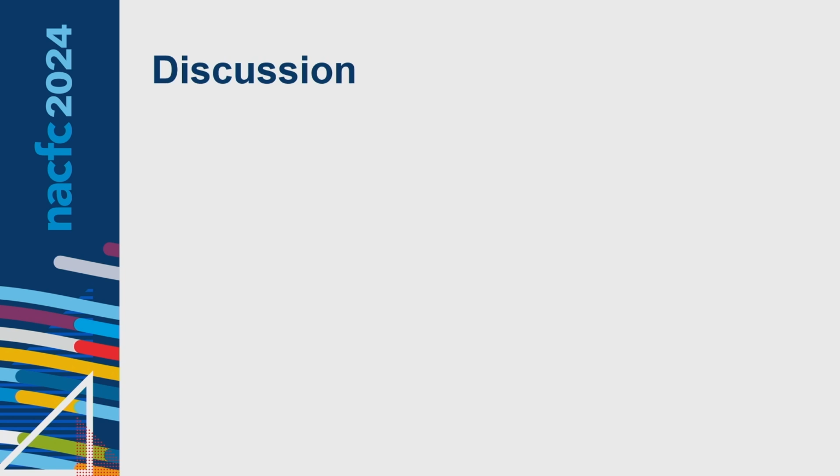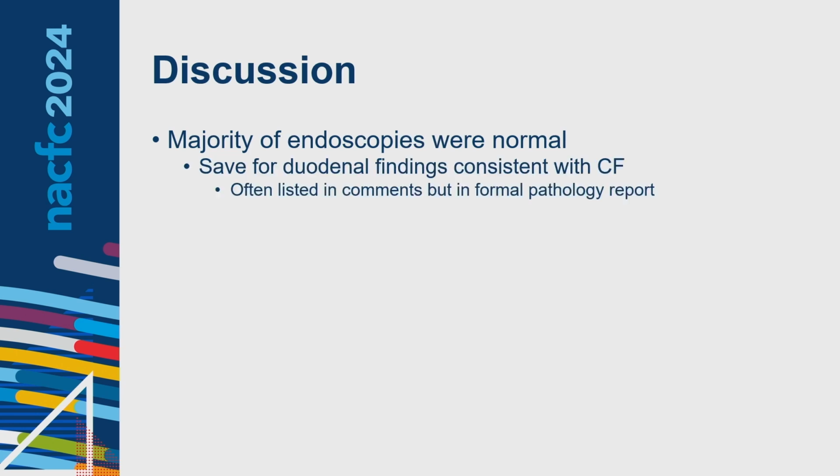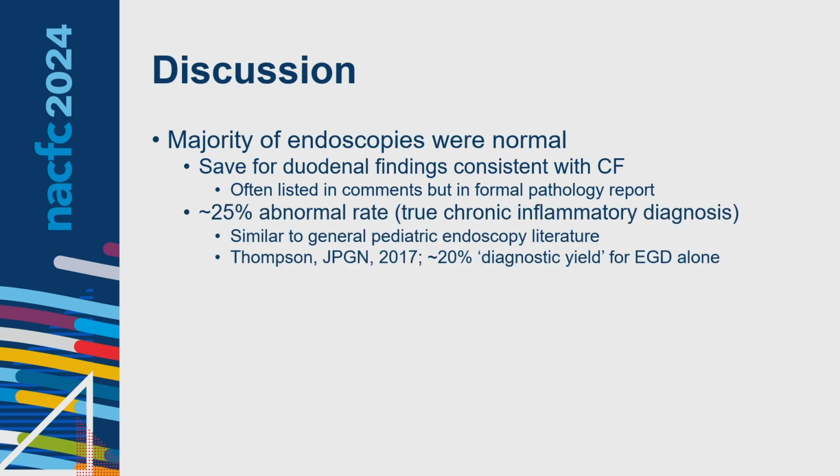So let's talk about these results. The majority of endoscopies were normal. This actually caused us to do a bit of a deep dive into pediatric endoscopy. Well, that's a really high normal rate. Are we scoping too many patients? It's actually fairly common in the pediatric literature to have a relatively low abnormal rate.